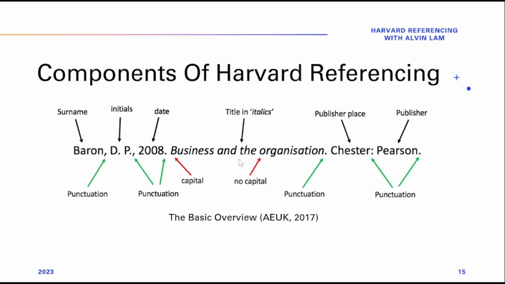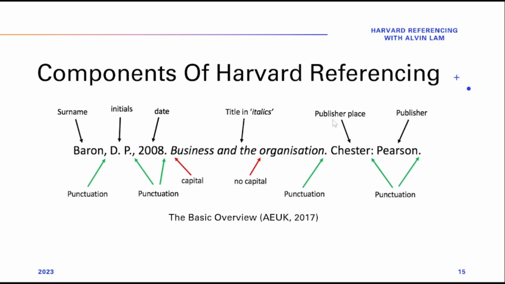Now typically the title is in italics so that we can differentiate it, okay? From this point onward it is actually the title, and the title will start with a capital letter, right? In this case Business, the B is a capital letter. Of course the other words will have no capital letter. Then we have a full stop here.